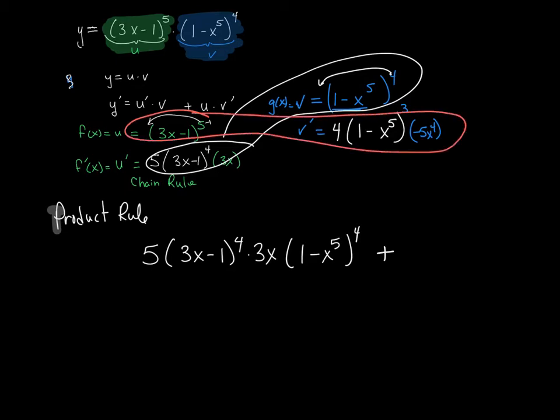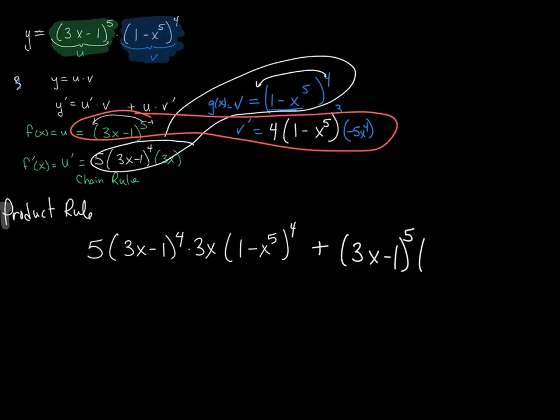So that gives me 3x minus 1 to the 5th times, I'm going to run out of room, move this over here, times 4 times 1 minus x to the 5th to the 3rd times negative 5x to the 4th.